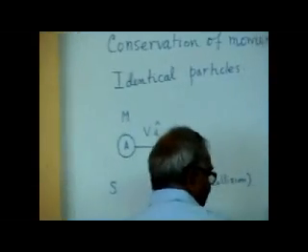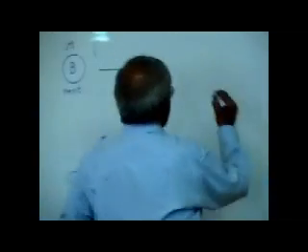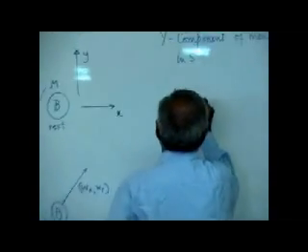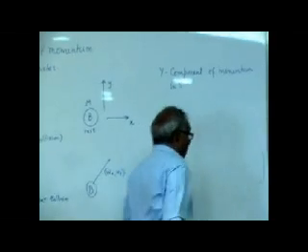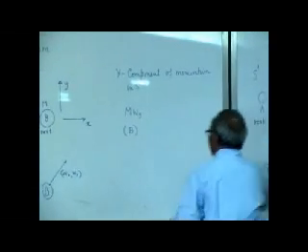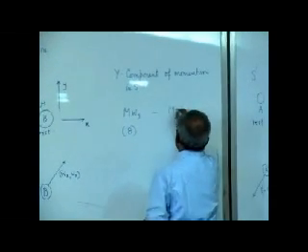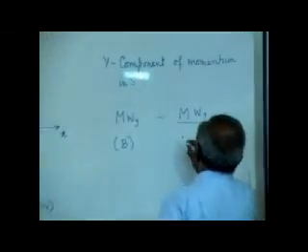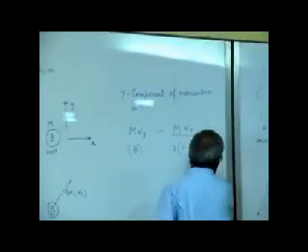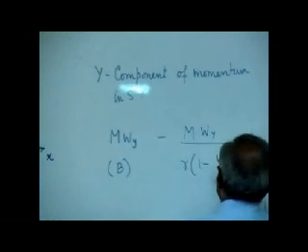Initially there was no y component of momentum. Now B develops a y component of momentum. We will write it down as m Wy. This is B. What about A? A is minus m Wy by gamma into 1 minus Wx.